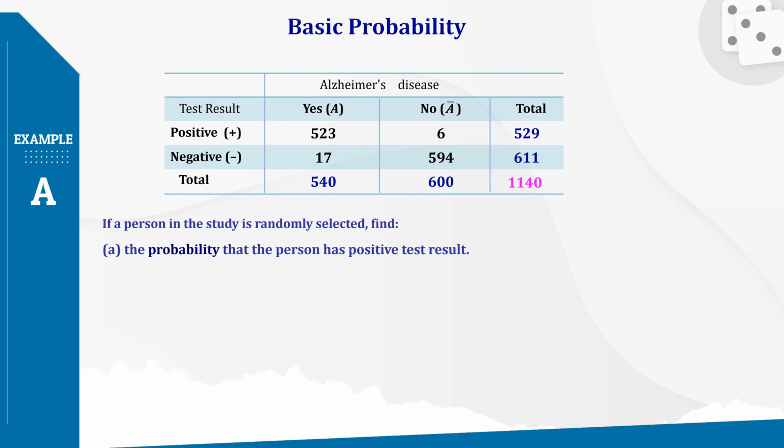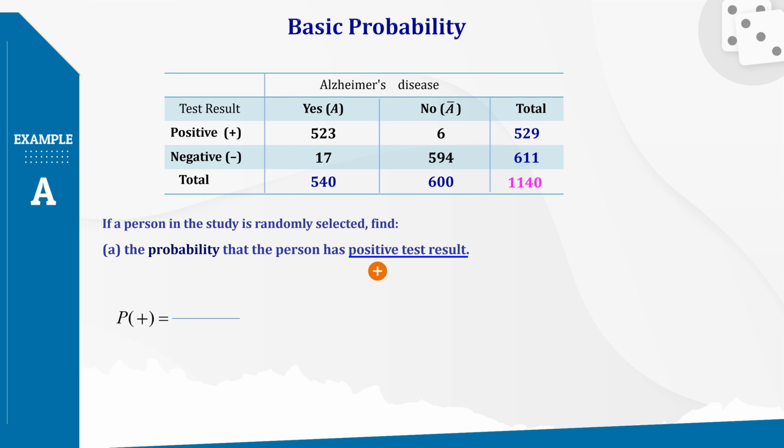Question A. Here, we need to find the number of positive results. Since there is no other event, we only need to focus on positive result regardless of Alzheimer's disease. First, write the notation as probability of positive and draw a fractional line.